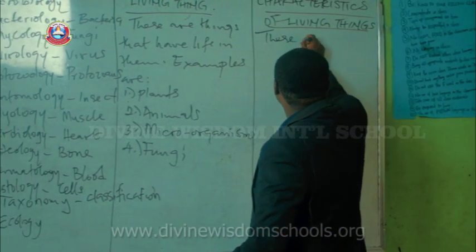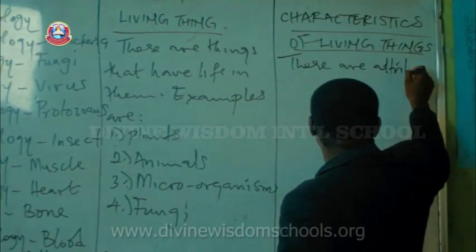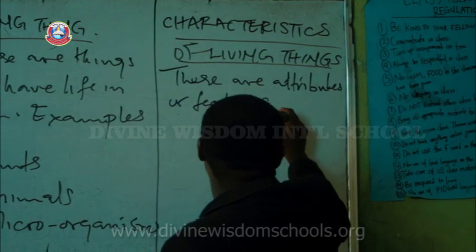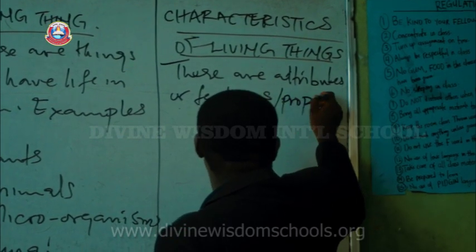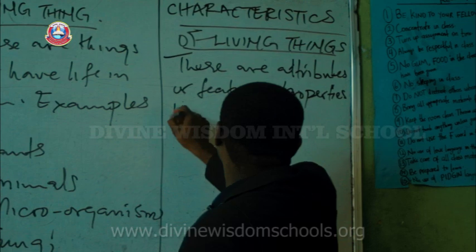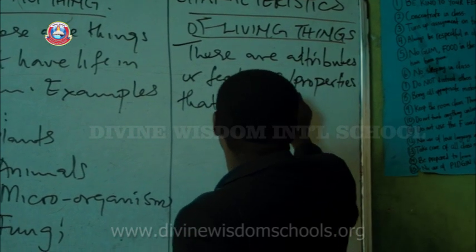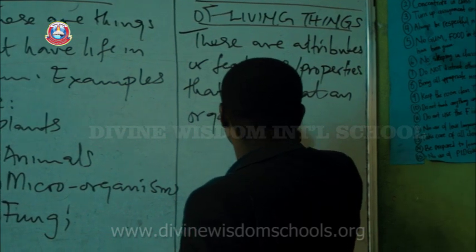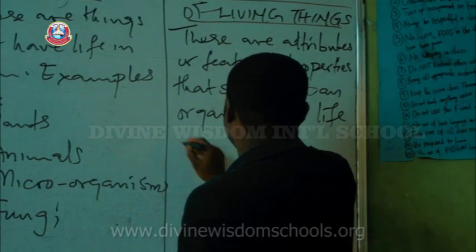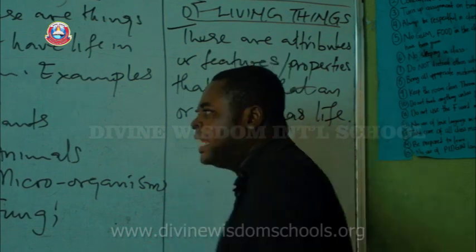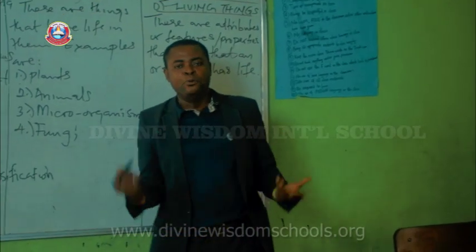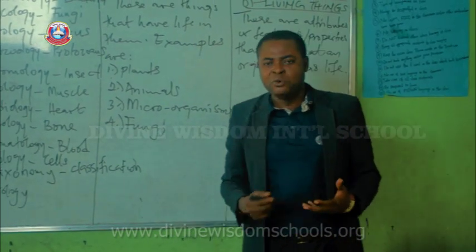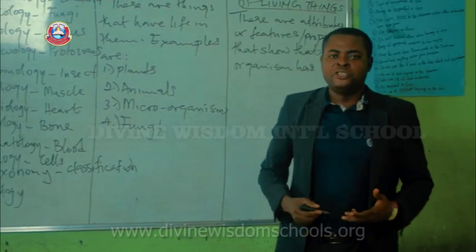So these are attributes or features or properties that show that an organism has life in it. Another word for characteristics is attributes, features, properties, things you can see, the behaviors that show that these things are living things.